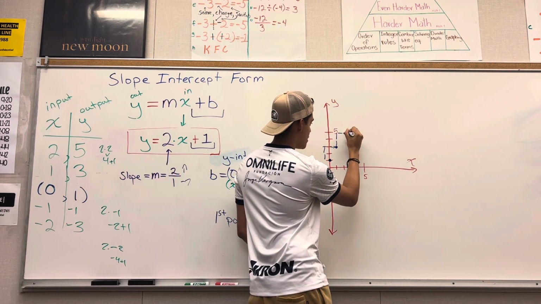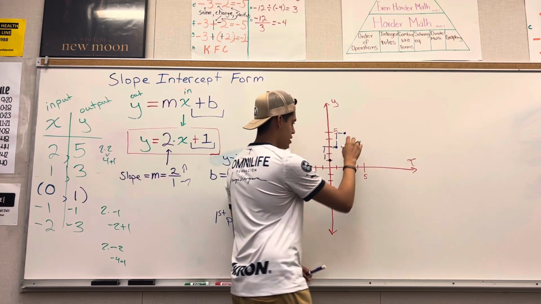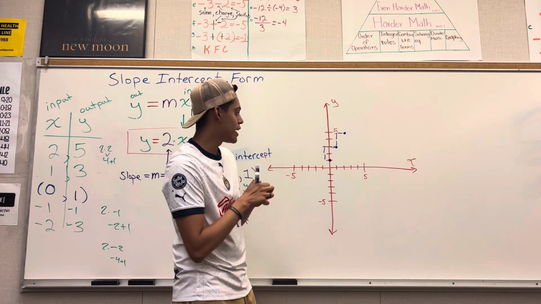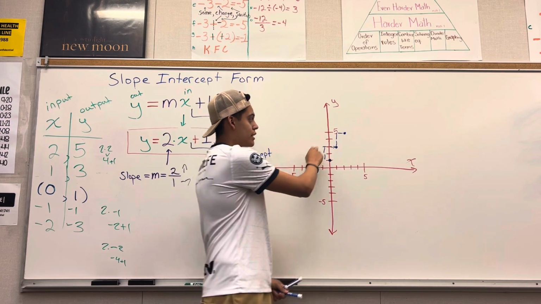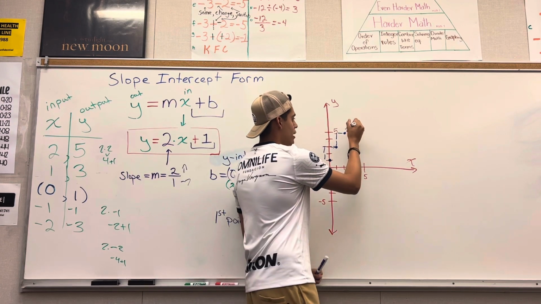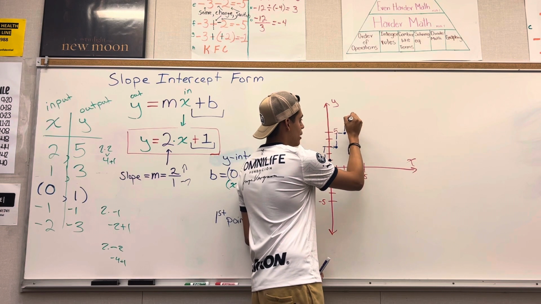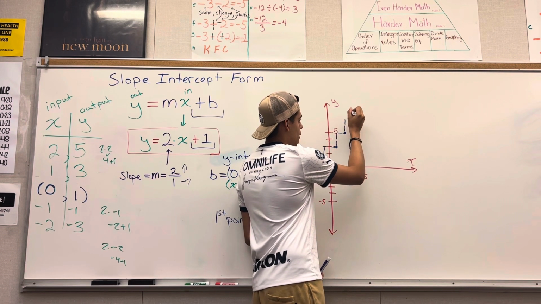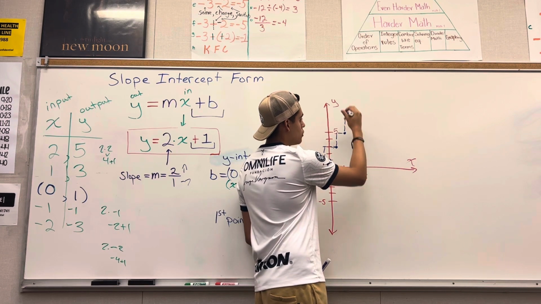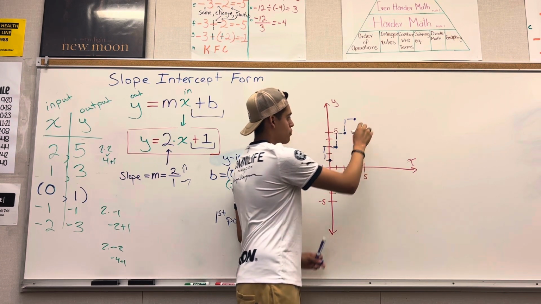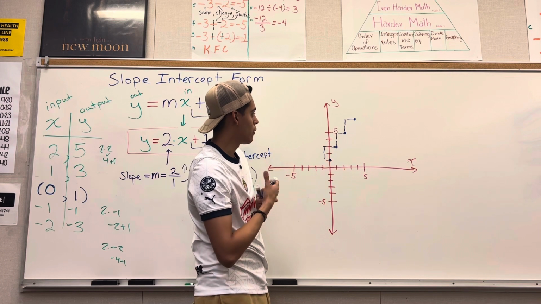And then that will be our next point. And as you kind of see, they're like steps, like stairs. This will continue going on forever and ever. You don't have to really worry about that. So it goes up 2, then to the right once. And there you go.